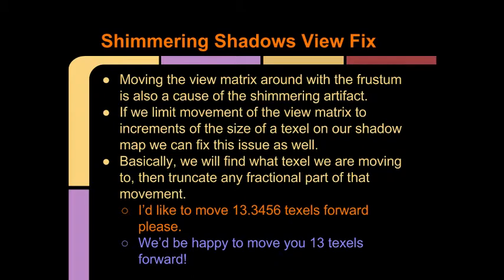The next frame, we might make a slight change, and maybe the same part of the shadow ends up in texel 14. Subtle changes in location can then cause these texels to dance around. To fix this, we will limit the movement of our light's view matrix to be in whole texel units.